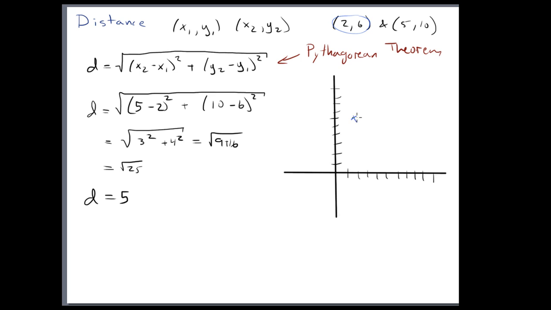This is over 3, and up 4. This is the hypotenuse of a right triangle, so it's totally just the Pythagorean theorem to find the distance between 2 points.